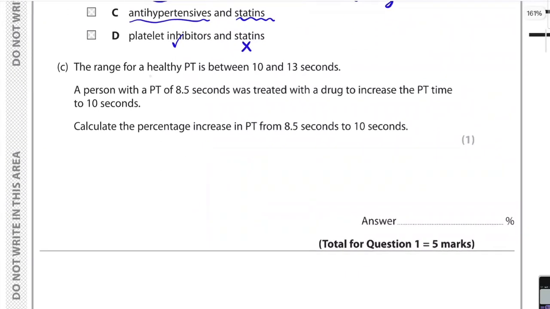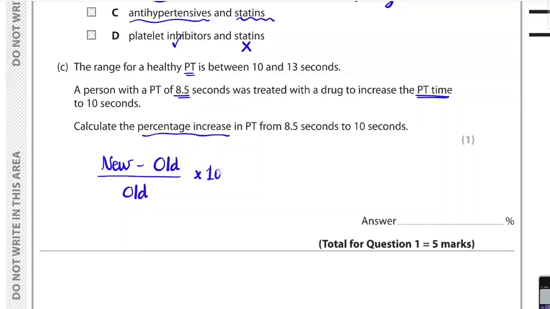Part C, the range for a healthy prothrombin time is between 10 and 13 seconds. A person with a PT of 8.5 seconds was treated with a drug to increase the prothrombin time to 10 seconds. Calculate the percentage increase. Well, actually the percentage increase has this formula of new value minus old value divided by the old value times 100.